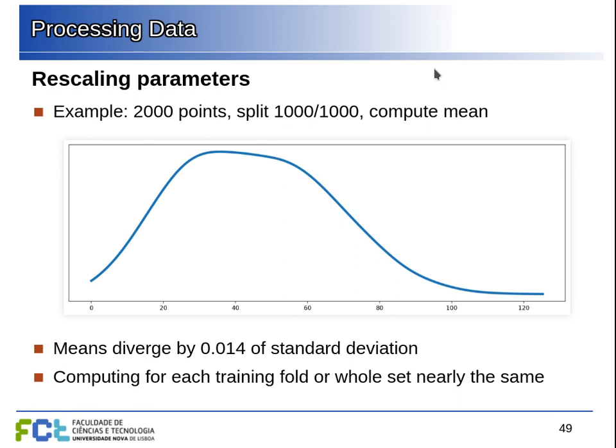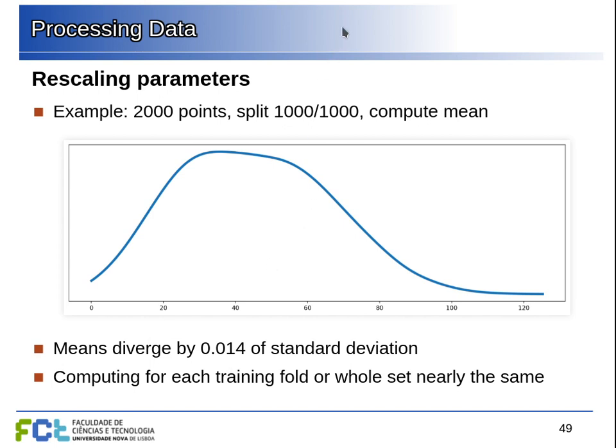So in cases like this, it's not worth trying to standardize each training fold during cross-validation and things like that, especially if you have a very large data set. And this would require, for example, pre-processing all the data over and over again during cross-validation, or storing different copies of the data rescaled at different scales and so on. This could be an overhead that is not justified in this case.